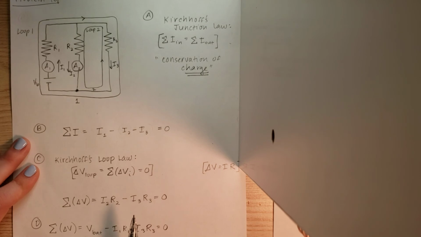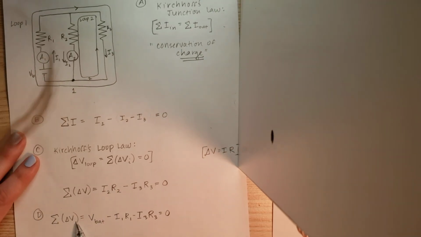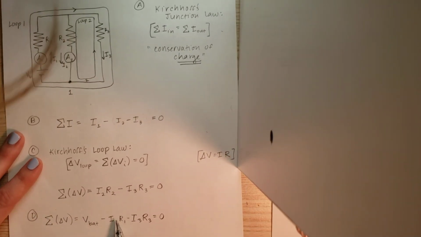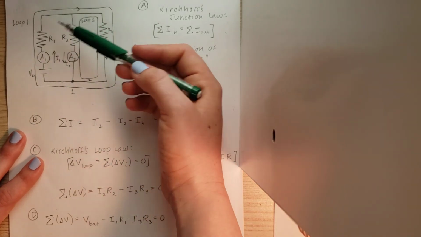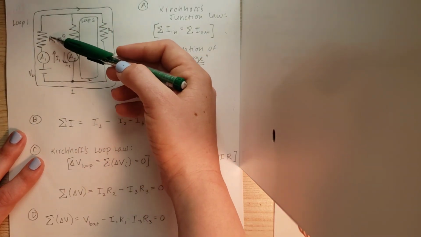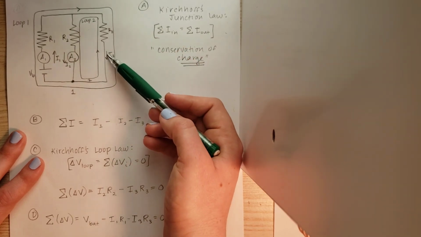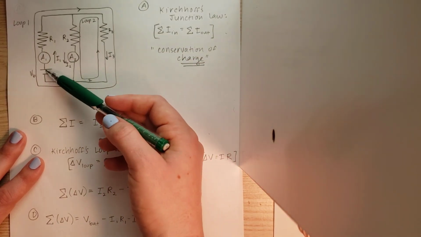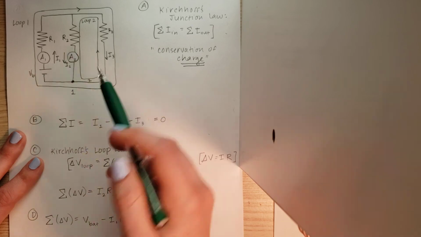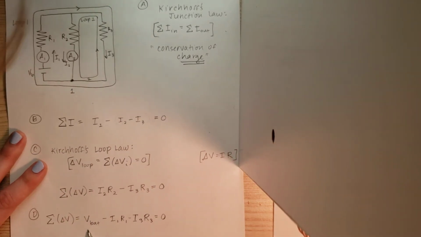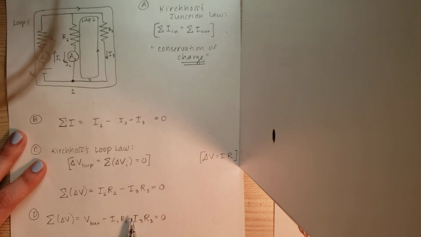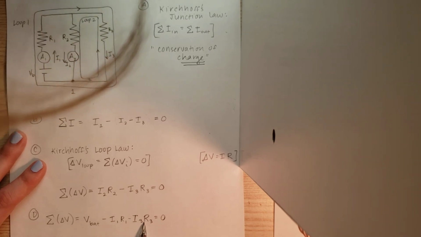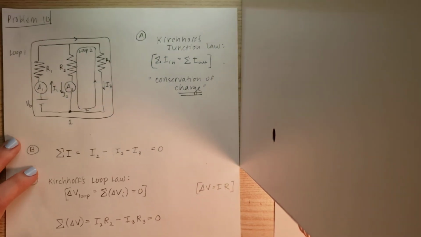So we're just going to take our voltage of the battery minus that first potential difference that we encounter, and then minus the second one that we encounter. And then we get the V of the battery minus V1 minus V3 equal to 0.